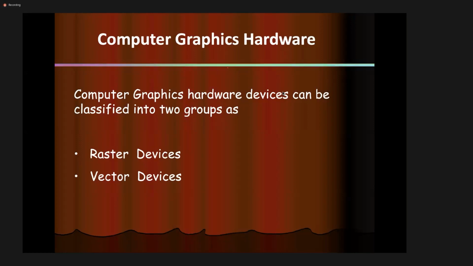Now, that is the major difference between the raster and the vector. If you look at printers, raster printers and vector printers are there. Do you know what a vector printer is? The normal printers, like a laser printer, are a kind of raster printer. What is a vector printer?